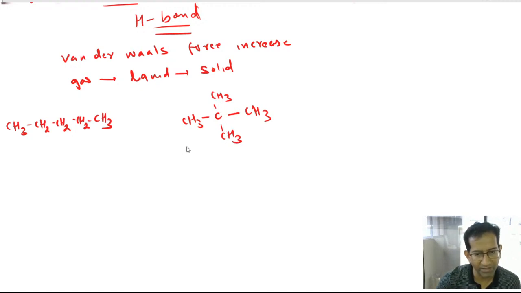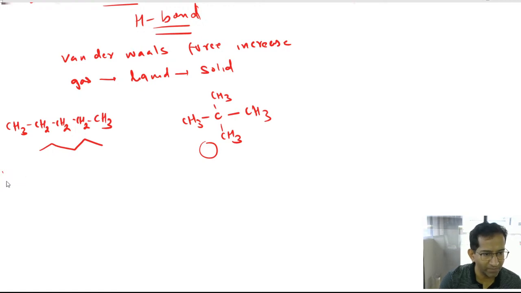This is linear like this, right? So it has more contact surface area, while this is spherical-like molecule. So the surface area is minimum here, so the contact surface area will be smaller, and the attraction decreases because distance increases. So the attractive force decreases.